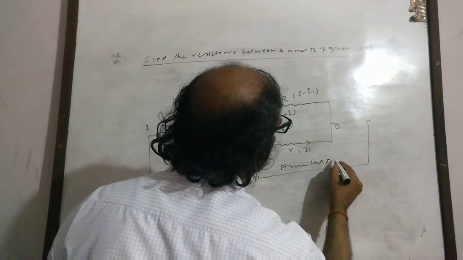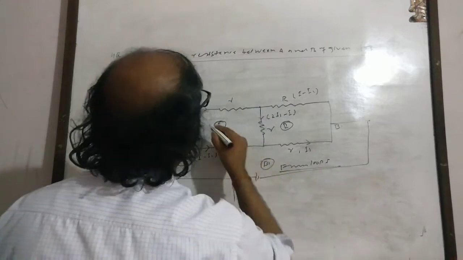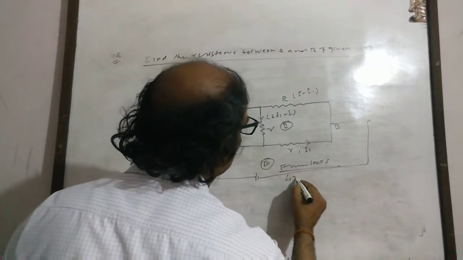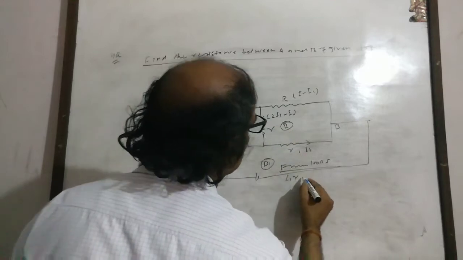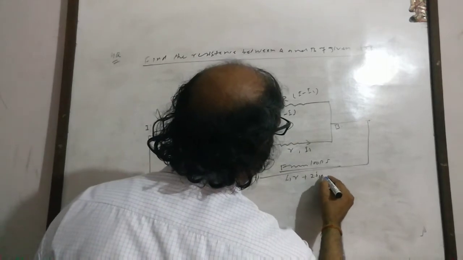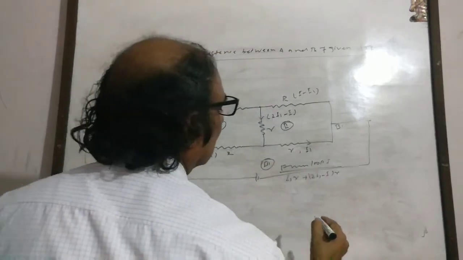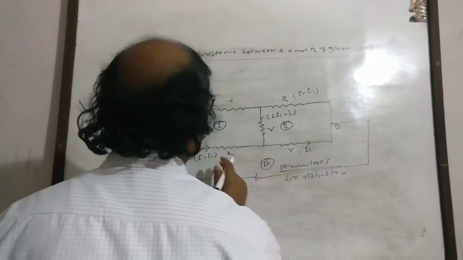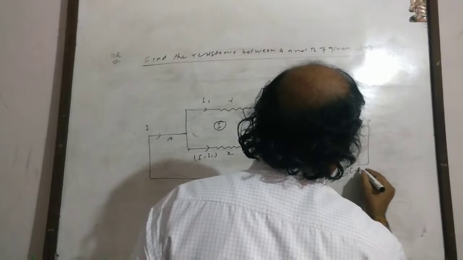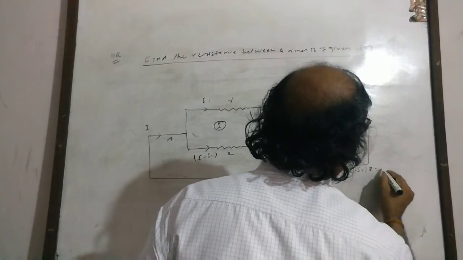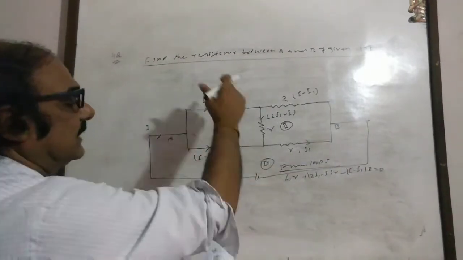Loop 1, and I1R plus 2I1 minus I small r, just a minute, and minus I minus I1 R equal to 0. This sign is taken as negative.